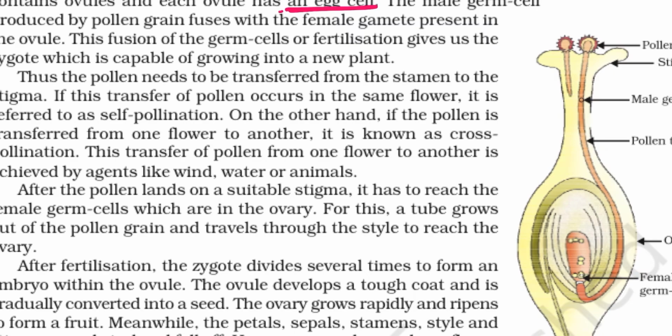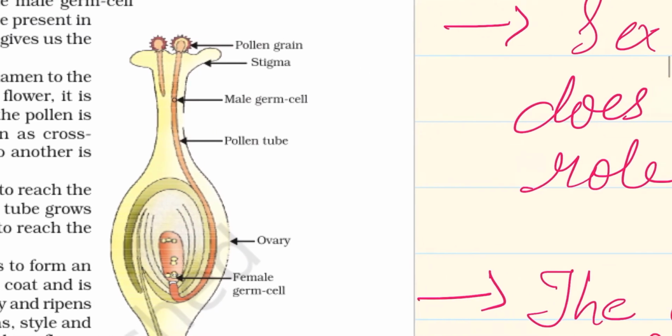Now, first thing, what is pollination? Pollination is the process of transfer of pollen grains from the anther of the stamen to the stigma of the pistil. It is called pollination.